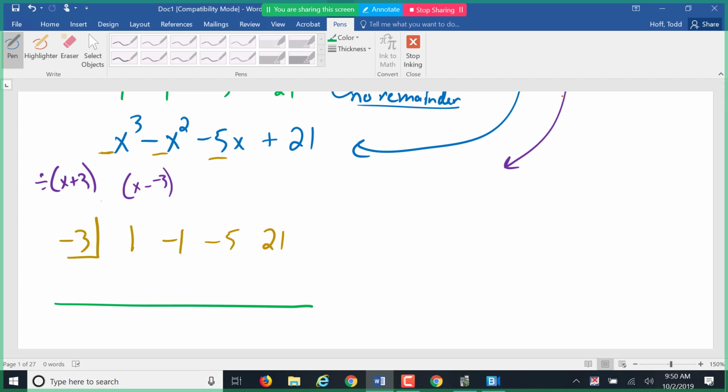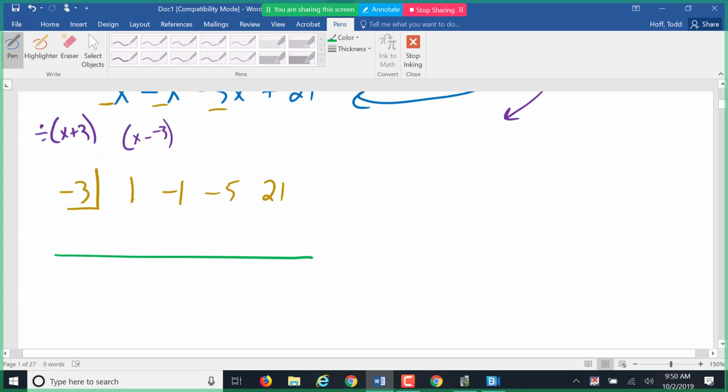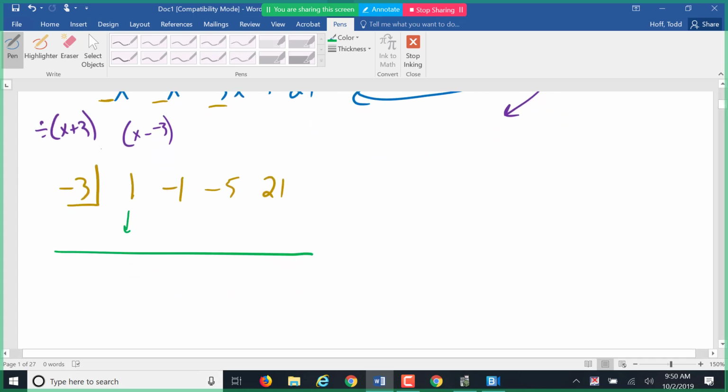So now we're going to do our synthetic division. We just bring down the first digit, the 1. 1 times the negative 3 makes negative 3 here. We add those. Negative 1 plus negative 3 is a negative 4.